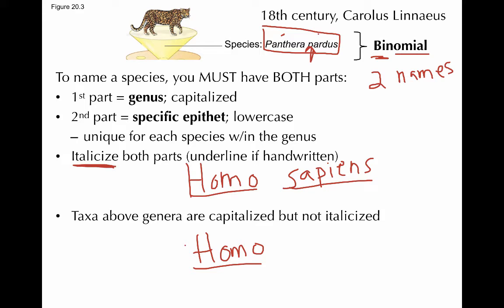So for example, if we were saying Homo sapiens are in Animalia kingdom, that would be Animalia.